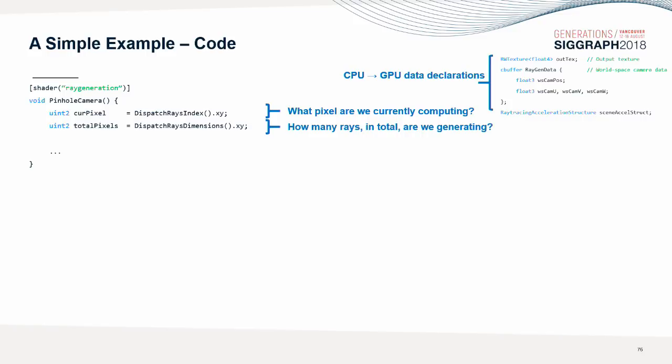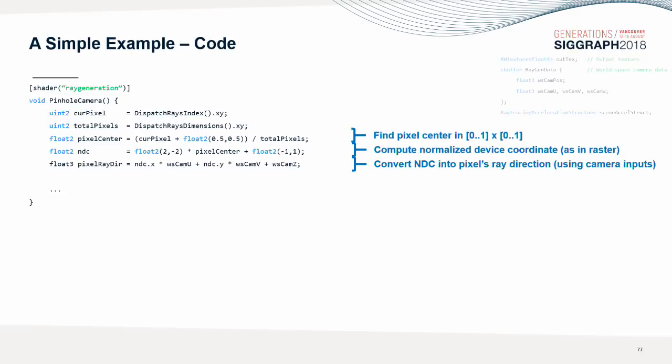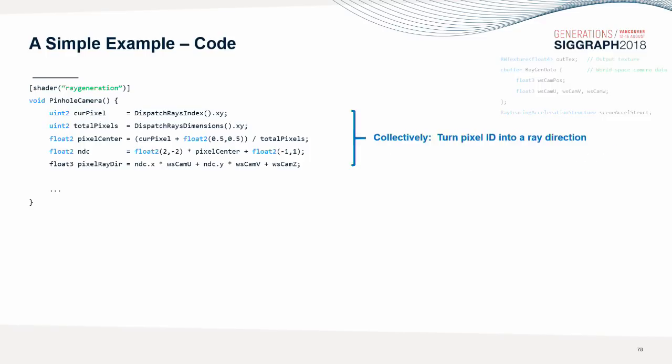And then the second one says how many pixels in total am I launching in this ray launch, and you query that with another intrinsic, DispatchRaysDimensions. Then I'm going to take that information and convert it into a ray. So I find the pixel center for my current pixel in the 0 to 1 range, convert it to normalized device coordinates, somewhat similar to raster, and then using my camera matrix, I turn that into a ray that goes through the center of the pixel. If you squint a little bit, collectively these few lines take a pixel ID and turn it into a ray direction.